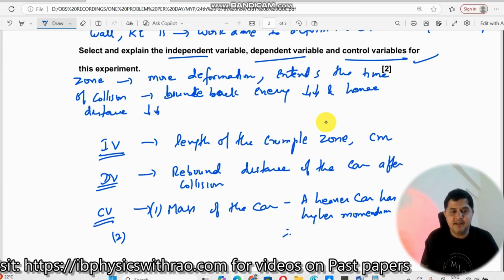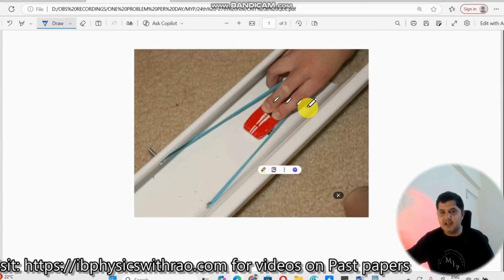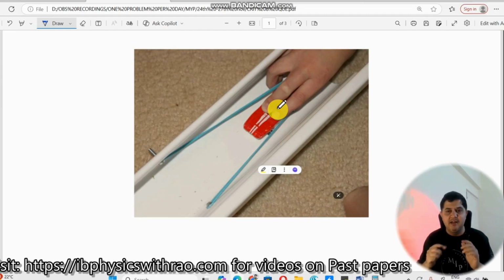The second variable is, when you have the car and you are pulling it out, every time you should pull it by the same distance. Because one time you pull it by less distance, sometimes by larger distance. The energy given to the car for its motion, it doesn't have any battery, so which energy is it getting? It is getting elastic energy. The elastic potential energy of the band should remain constant.